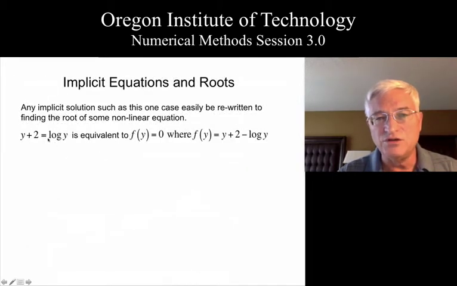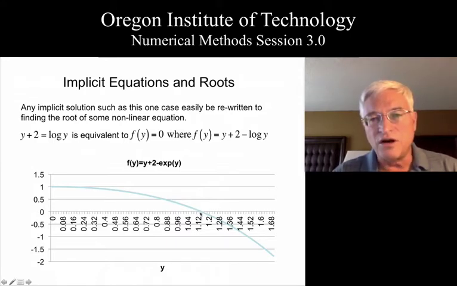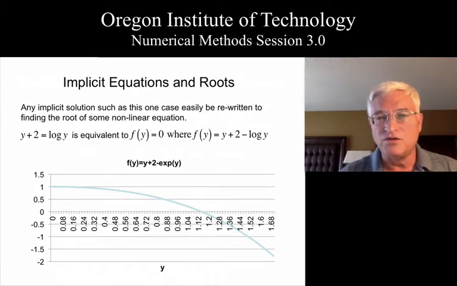We've taken y plus 2 equals the log of y and said it's the same thing as finding the root of f of y, where f of y is y plus 2 minus the log of y. Let's go ahead and graph that and see what it looks like. Here we have a function now that's very nicely just dropping down through 0. In fact, it's easier to pick off the root visually, and we can see it's a little bigger than 1.12. So we've improved our graphical approach, perhaps, but we still haven't come up with a nice systematic algorithmic approach to find those roots.